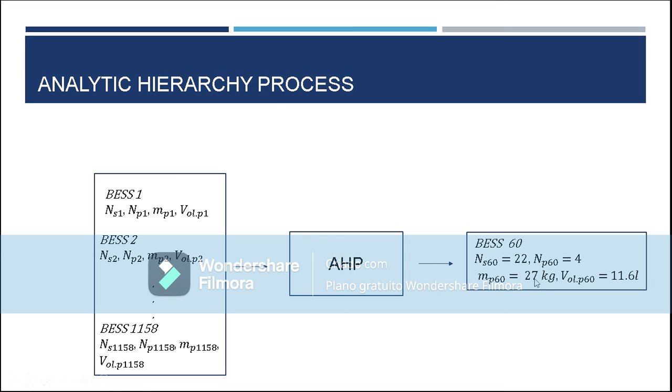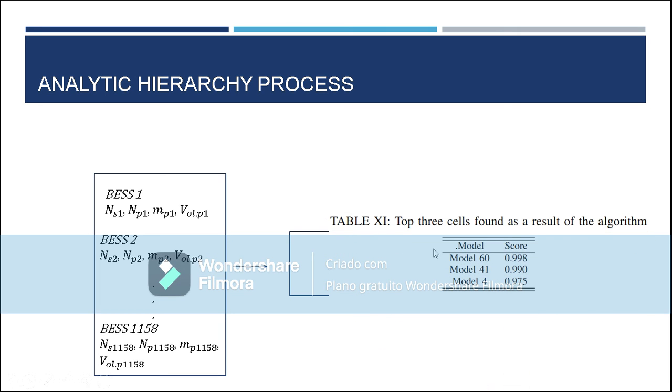The mass is 37 kilograms, and the volume of the battery package is 11.6 liters. So the output of the step is basically that table here, which was also taken directly from the paper, and we see that it gives us the model and the score of that model. So the closer the score is to one, the better is that option.